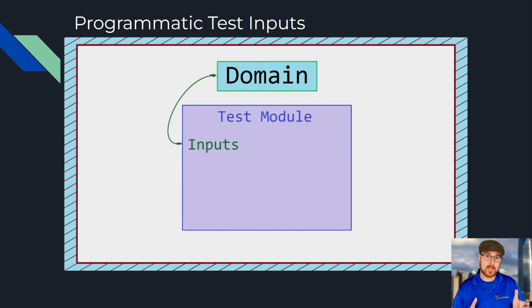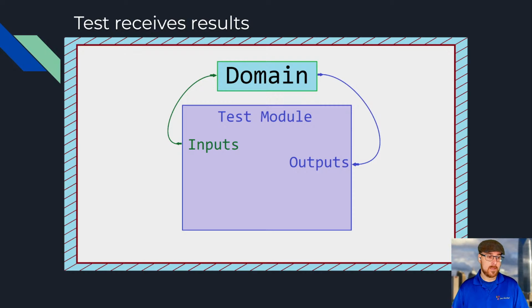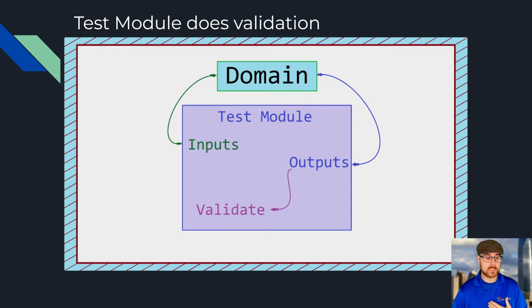They might have been programmatically generated by a program the developer wrote, but these are inputs that go into the domain, and they're very predictable. And then the domain gives outputs back to that test module. So it's calling this system under test, which is part of the domain, and the domain gives those outputs back, and those outputs are validated. The test module gives inputs, gets outputs, and then makes sure those outputs are exactly what we expected the domain to be returning to us.